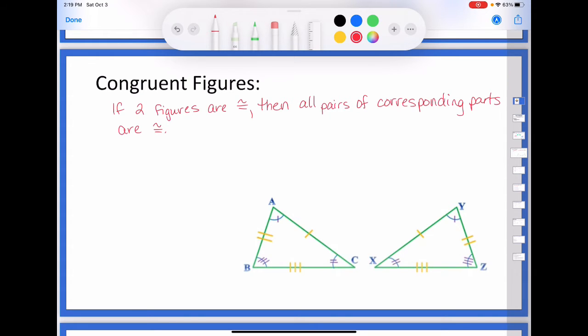Now this is a definition, right? So we know that this can be reversible, or I could write the converse. If all pairs of corresponding parts are congruent, then the two figures are congruent.